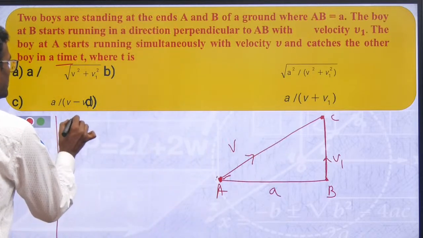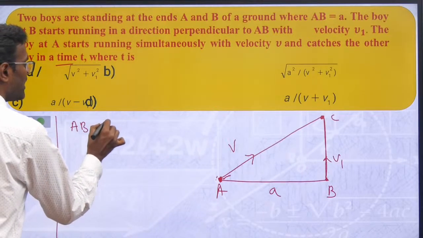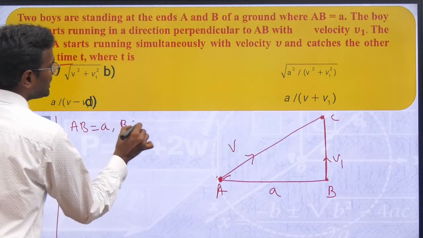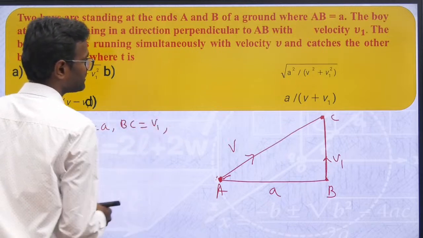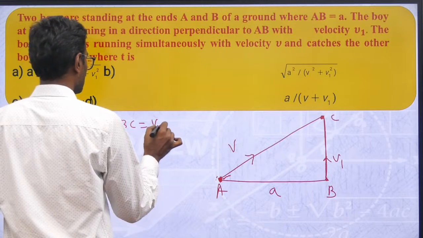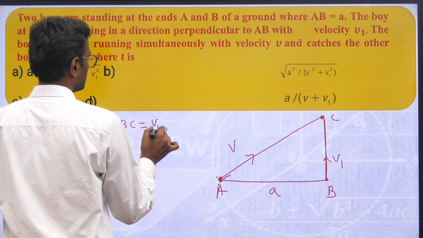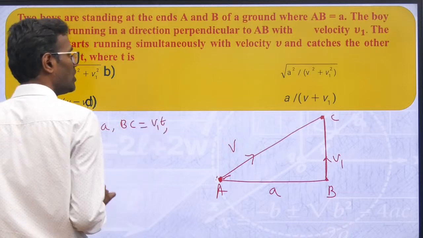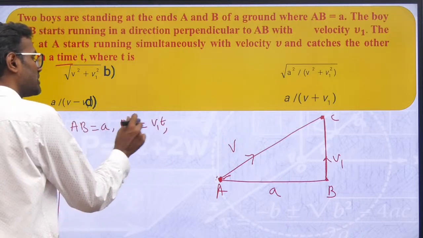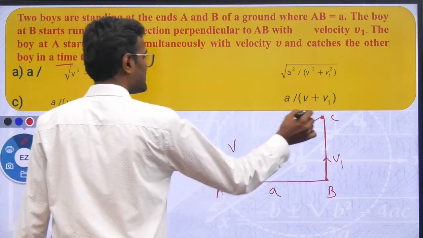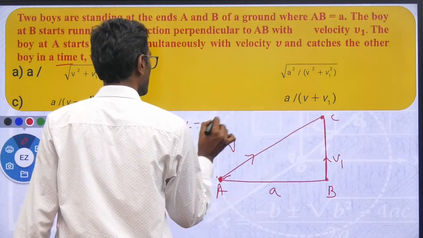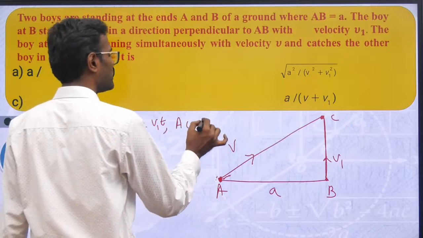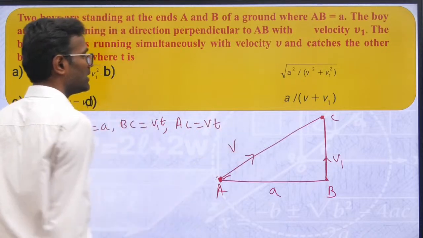So BC is equal to V1 into t. Next, AC length is equal to speed into time. What is the speed? V. What is the time? t.